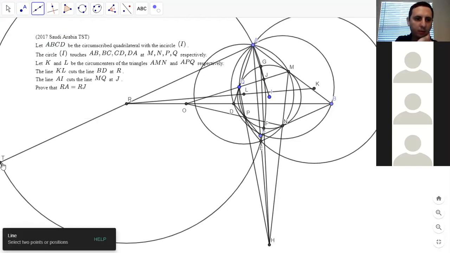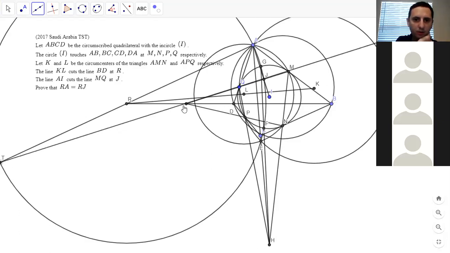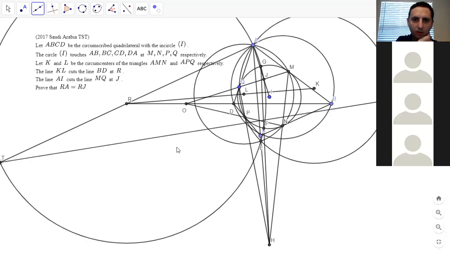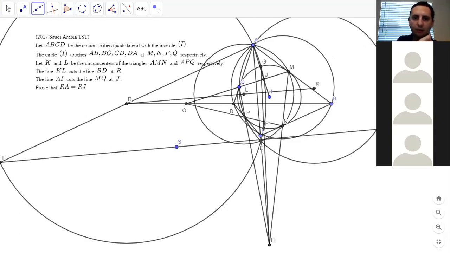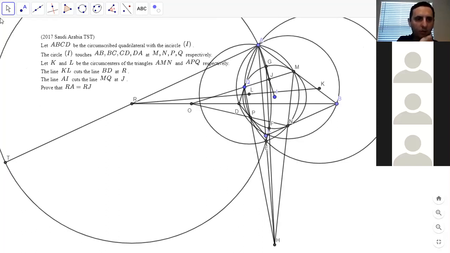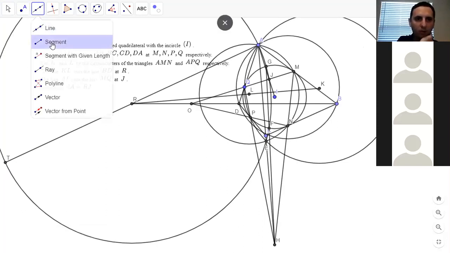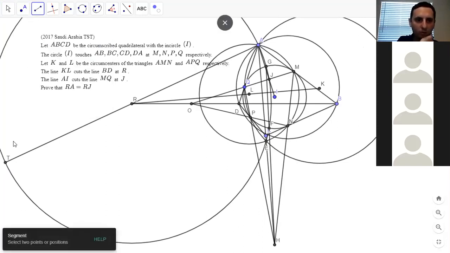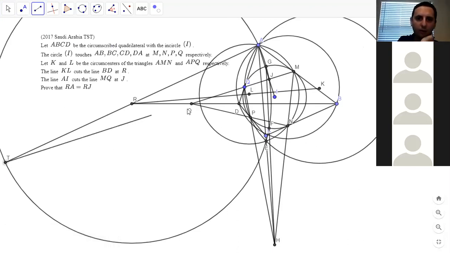Let me try that idea one more time. So T, yeah, those should be collinear. So yeah, actually, we also know that T, O, and M are collinear. Or wait, I don't know if we do know that, but I'm going to draw it.